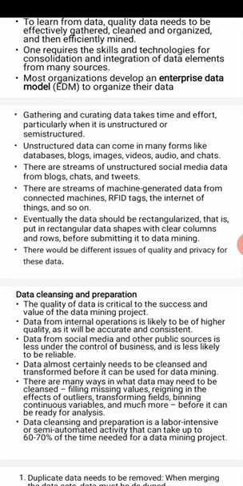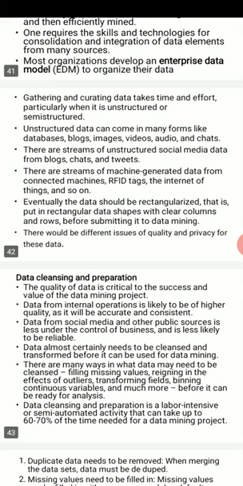Hence it is less under the control of the business and is less likely to be reliable. So data almost certainly needs to be cleansed and transformed before it can be used for data mining.